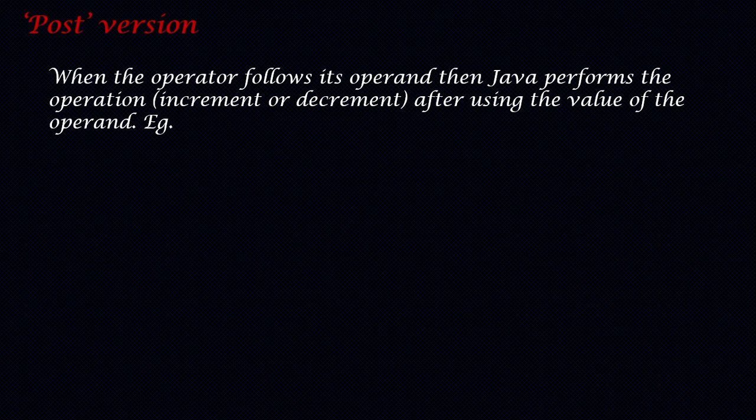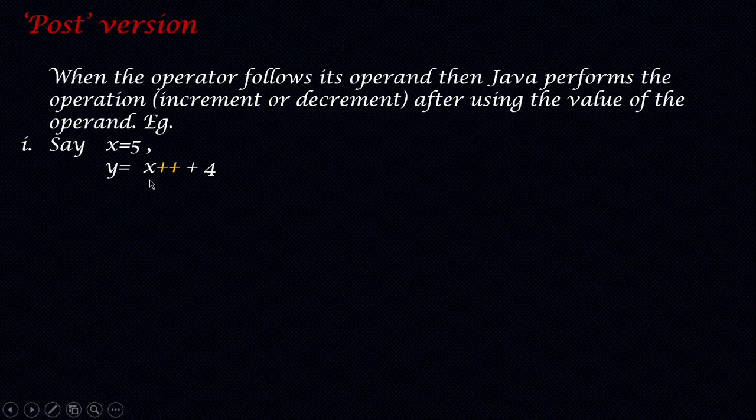Say x equals 5 and we are having the equation y equals x plus plus, then it is added up with 4. So what does our post version say? See, in case of post version, first the value of the operand will be utilized, then the value will be increased or decreased according to our post-increment or post-decrement.